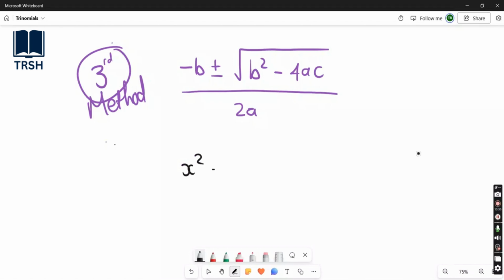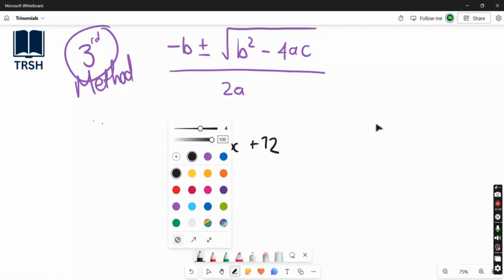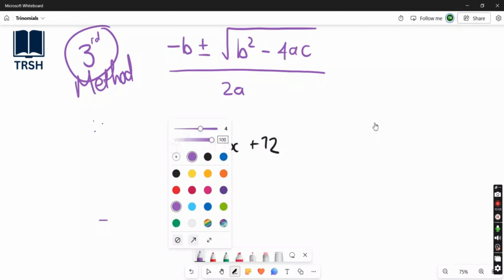So we have x squared plus 17x plus 72. We need to do this twice because we're looking for two brackets, hence the plus or minus over there. So the first time we do it, we can just say negative, and then our b value.